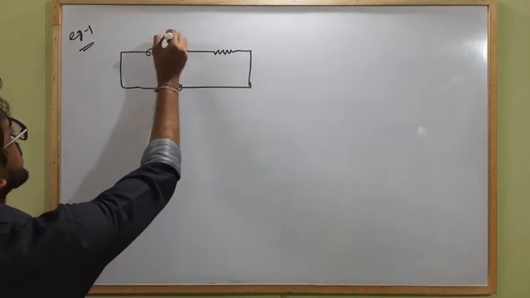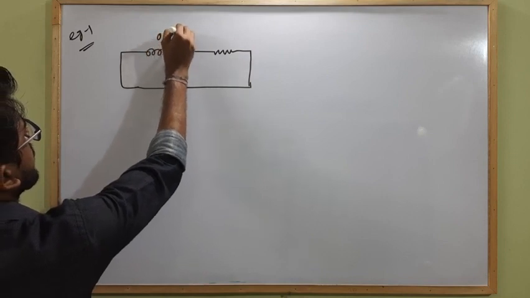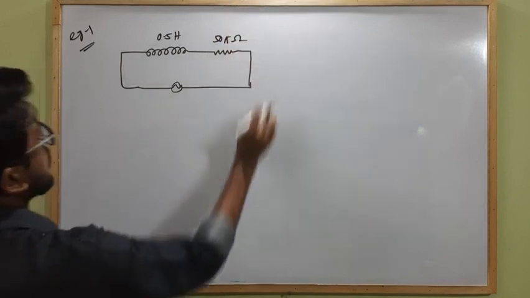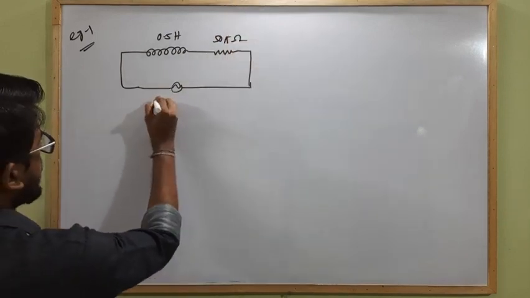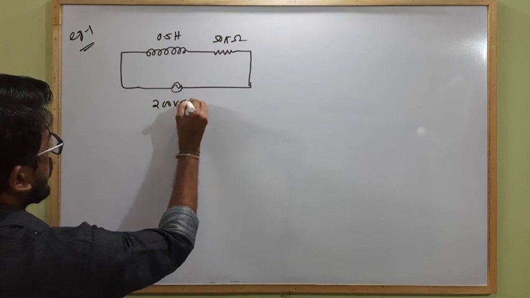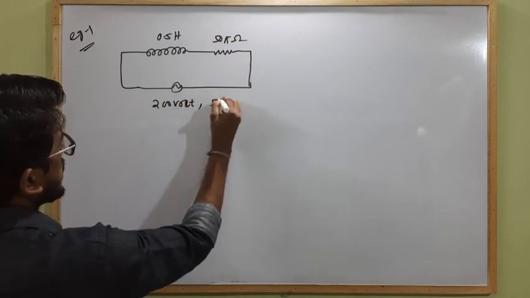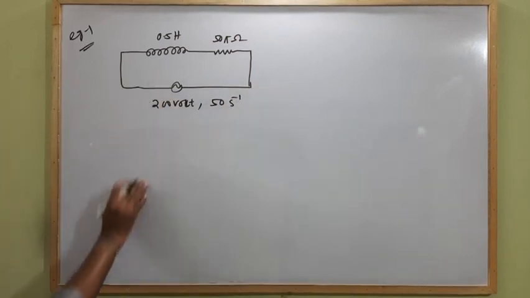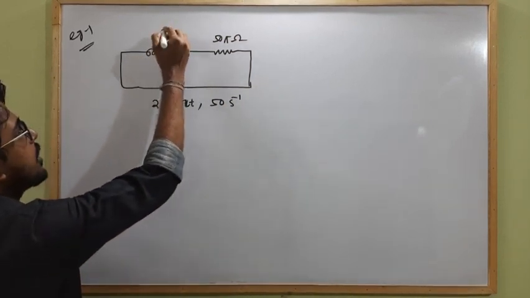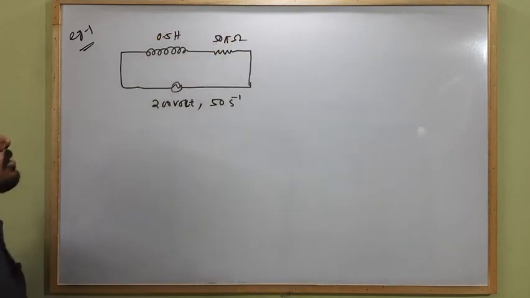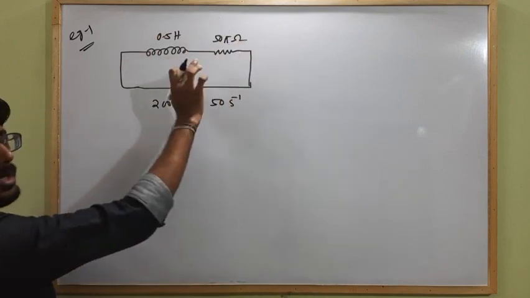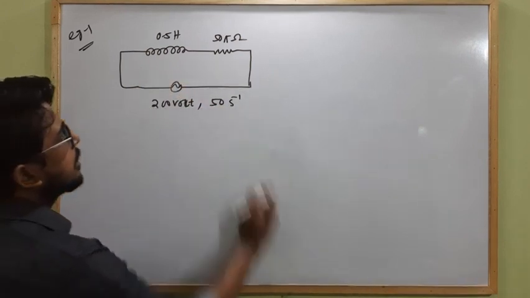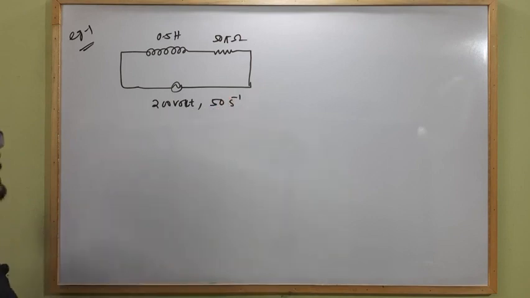The inductance of the inductor is 0.5 Henry, the resistance of the resistor is 50 pi ohm, and the value of the EMF is 200 volt, which has frequency 50 second inverse. Clear? So this is a circuit where an inductor of inductance 0.5 Henry and a resistor of resistance 50 pi ohm is connected in series across an alternating EMF of 200 volt having frequency 50 second inverse.